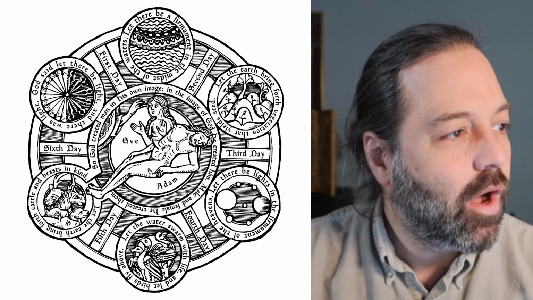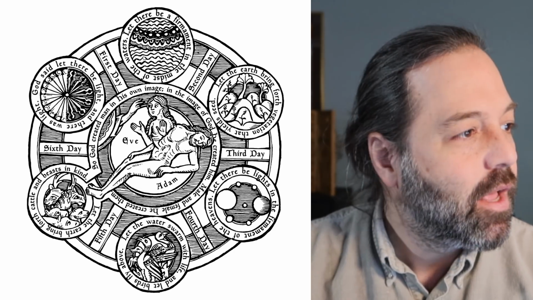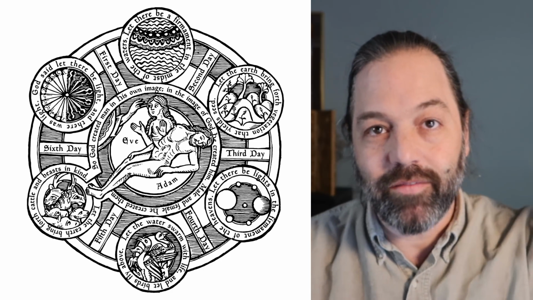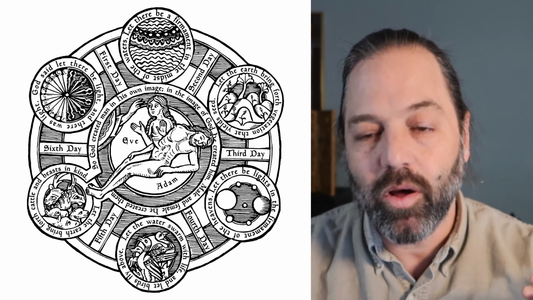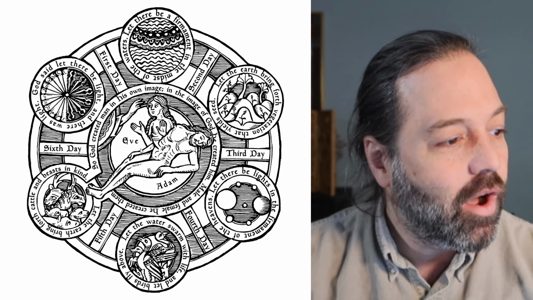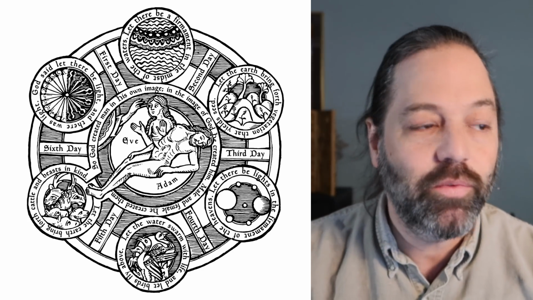And so on the second day, we continue the same pattern. It says, let there be a firmament in the midst of the waters. And so you have the heaven and the waters below, the second heaven and the second waters. And down here on day 5, you have the creation of the animals that will fill that space.